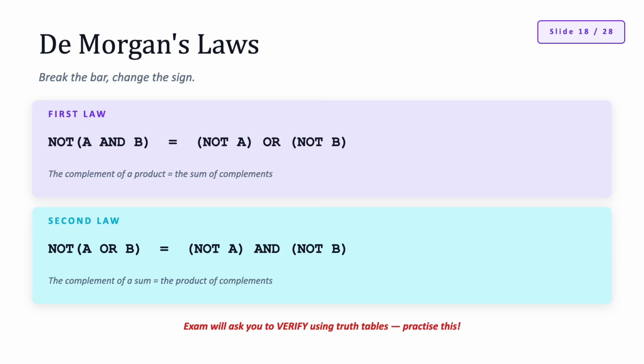Second law: not (A or B) equals not A and not B. The complement of a sum equals the product of complements. Again, break the bar, change the sign. These laws are essential for simplifying Boolean expressions and designing efficient circuits. The exam will definitely ask you to verify this using truth tables.